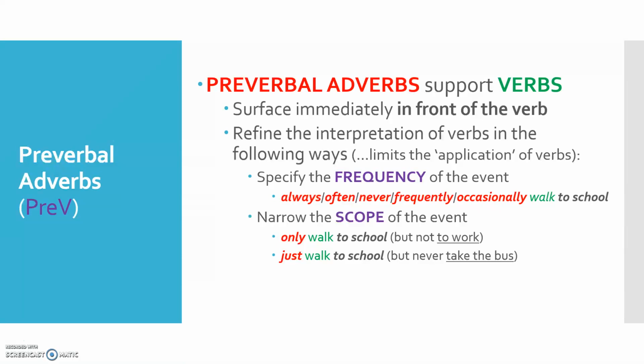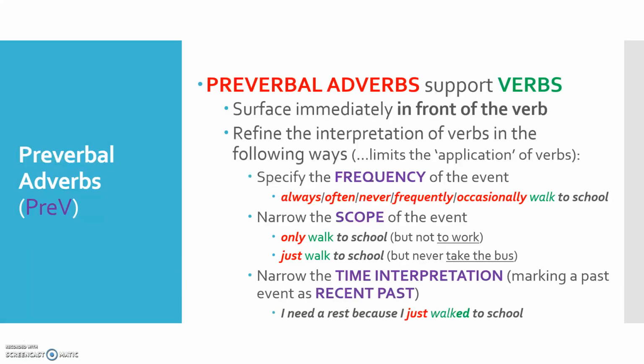Or you could be limiting the verb as a means of going to school. So I just walk to school but I never take the bus to school. So you're limiting the scope of how you get to school in that case. Just is a multifunctional preverbal adverb because if we pair just in preverbal adverb position with the past tense form of the verb, then we are saying interpret this past event as taking place in the recent past.